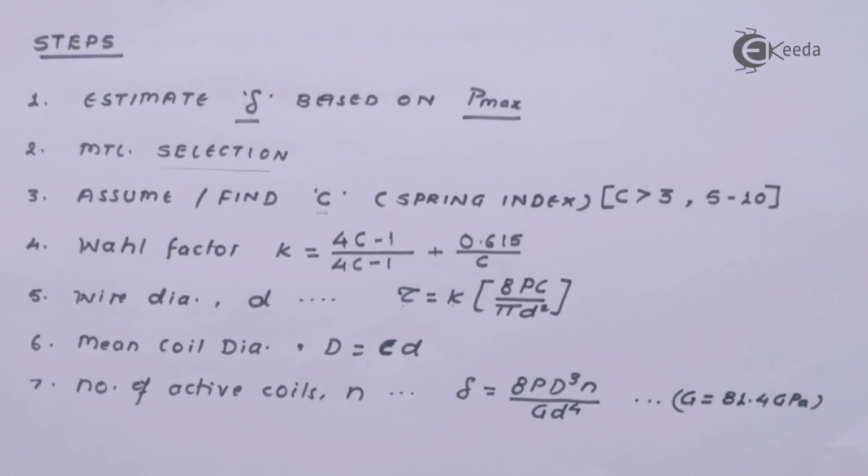They are attached to certain surfaces or some application. So the active coils are the coils which lie between the ends of the spring, and they will be given by this particular empirical relation, where for the spring materials that we are going to use, the modulus of rigidity will be somewhere equal to 81.4 gigapascal.